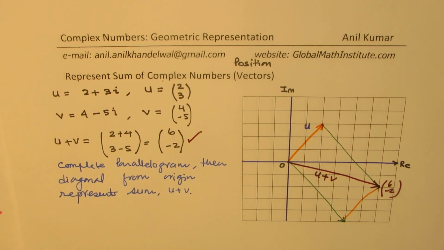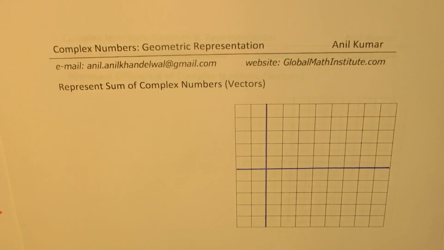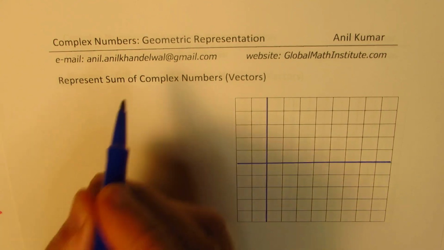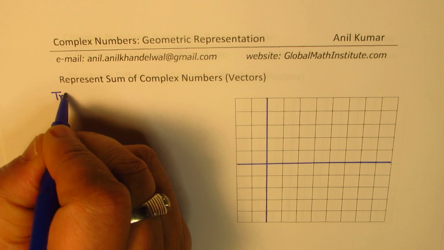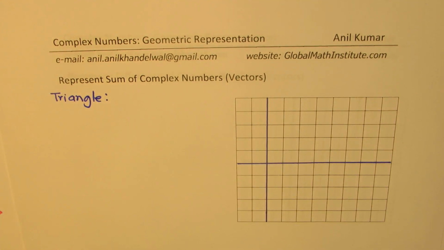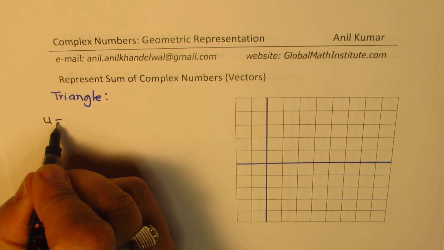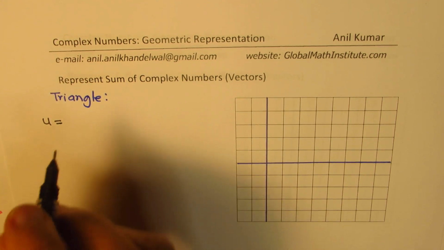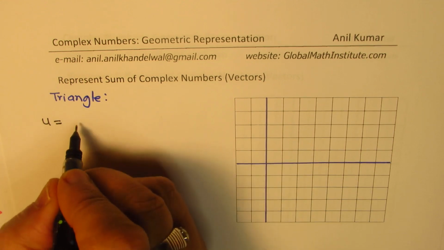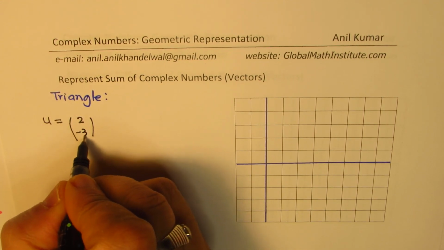We'll again do the same thing, but this time we'll use a triangle to perform the addition. So now let us see how to add vectors using a triangle. Both methods are commonly used. So the idea here is, let's take some example. Let's say u is equal to 2, minus 3.